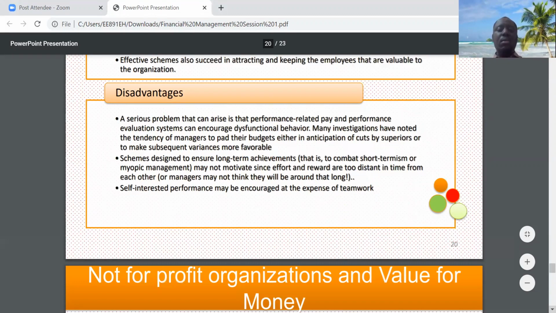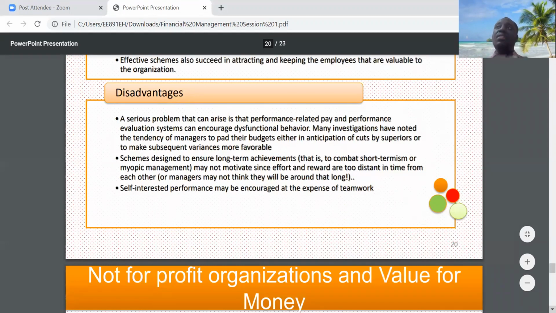What do I mean? Managers can pad their budgets just to make their variances look a lot more favorable.